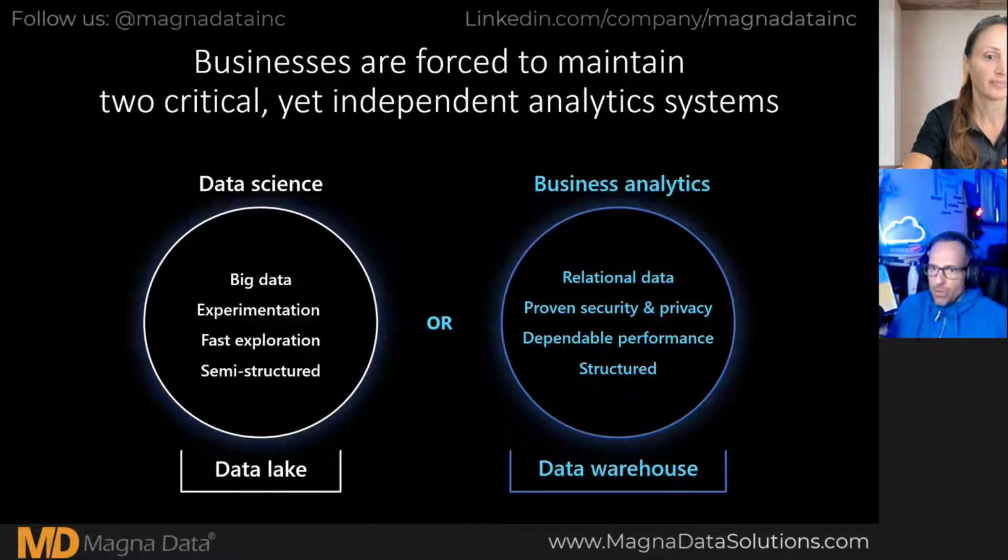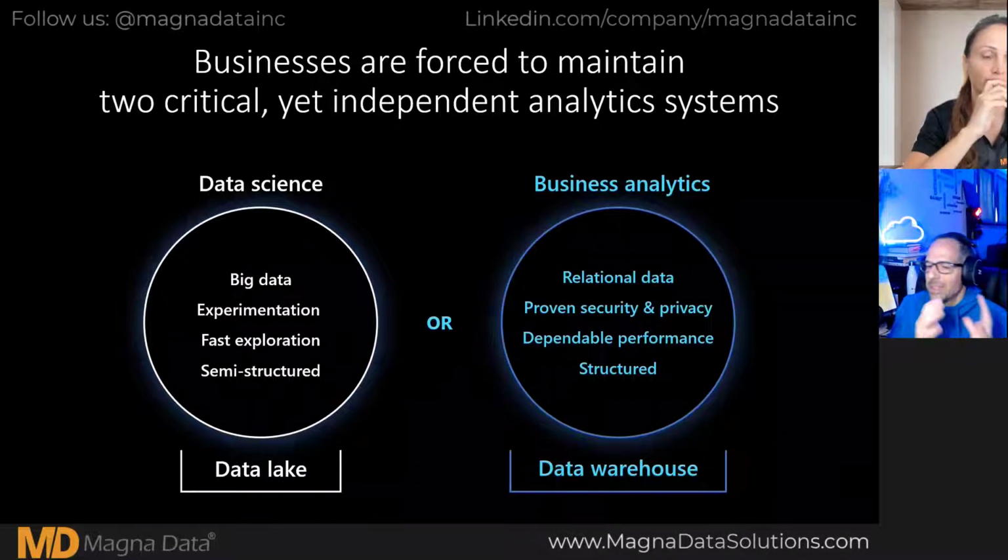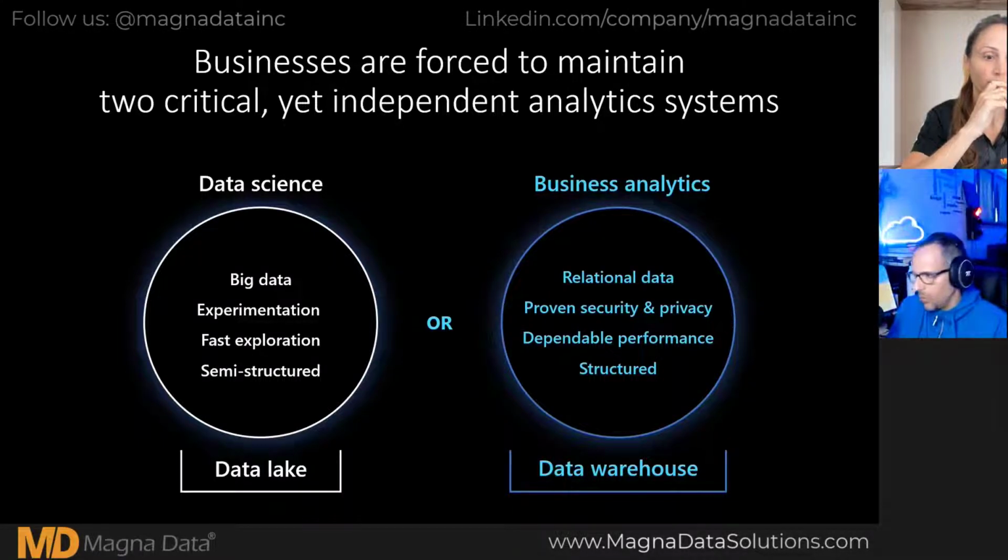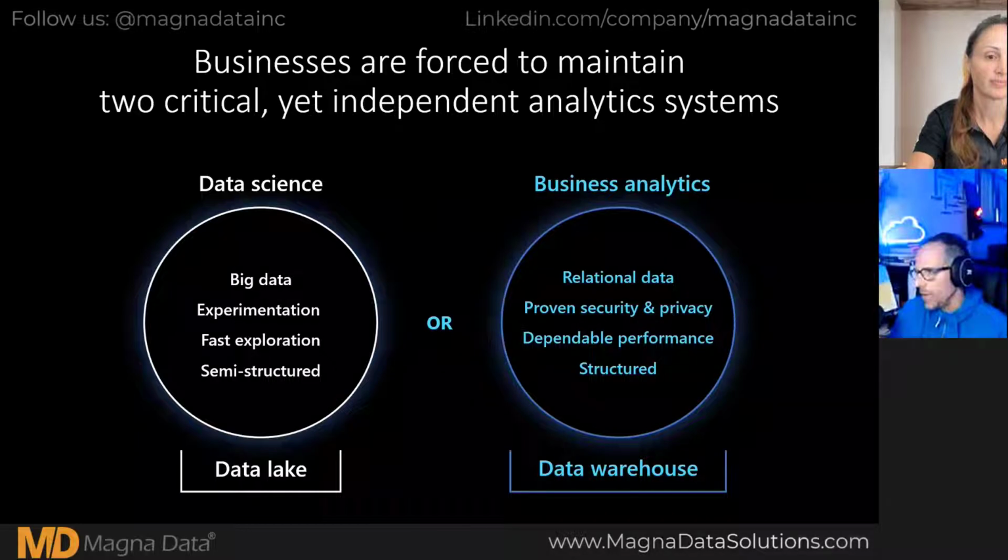The reason is also simple, because typically enterprise customers from all around the world have a couple of critical and independent systems to solve different kinds of problems related to data. On one side, data science: all the things related to data lake and exploration, fast exploration, experimentation with all kinds of data, semi-structured, unstructured, sometimes also structured.